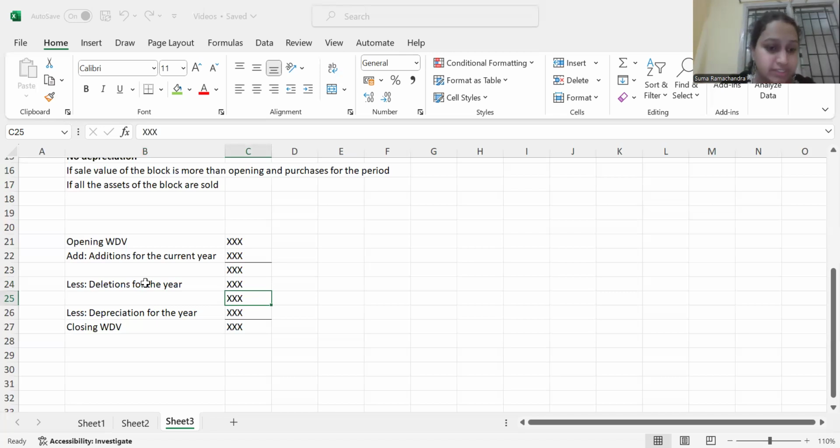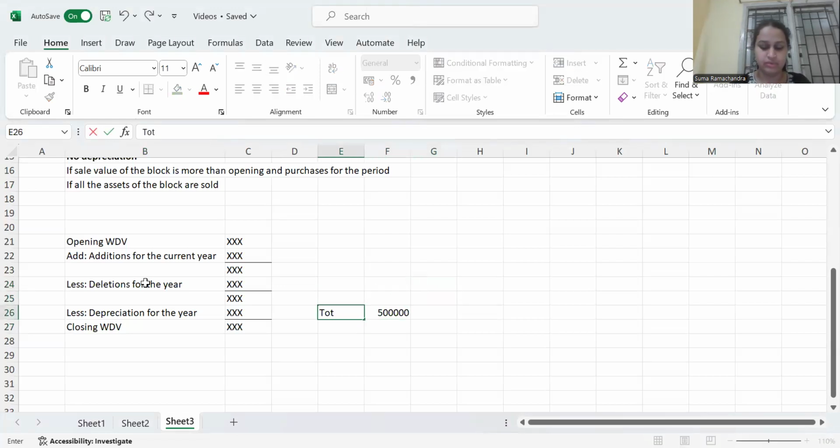Now, how do I charge this depreciation? For this depreciation, whatever current year additions I have, say right now, this asset value is around 5 lakh rupees. This is an assumption that I'm making. This is the total asset value.